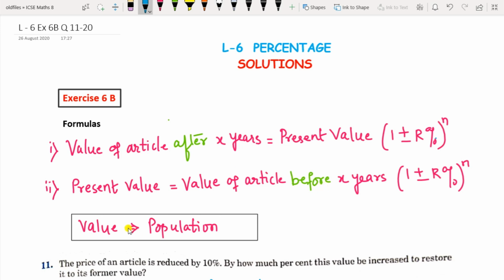The same pattern of formula we can use for population. To find the population of a village or a city, in place of value of article you write population of a village or a city after x years equals present population multiplied by (1 plus or minus r percentage) raised to n, and present population equals population before x years multiplied by (1 plus or minus r percent) raised to n.